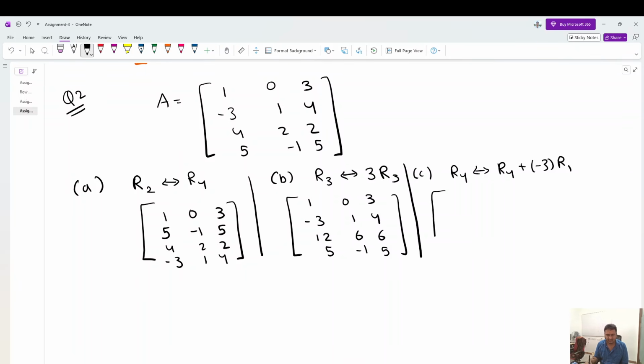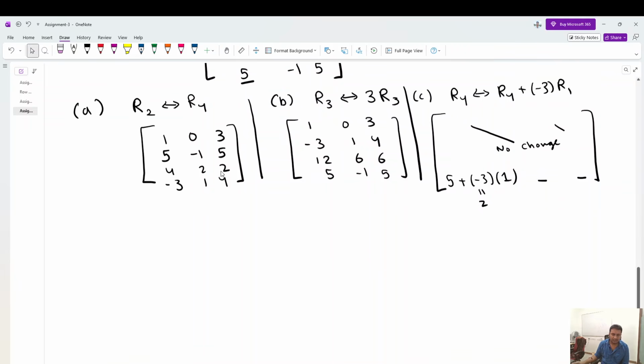I will just find one entry of row 4 only. So this is 5 plus minus 3 into 1. What is it? 2. The rest of the entries you can find, and there will be no change in this portion, right? Okay, very nice.